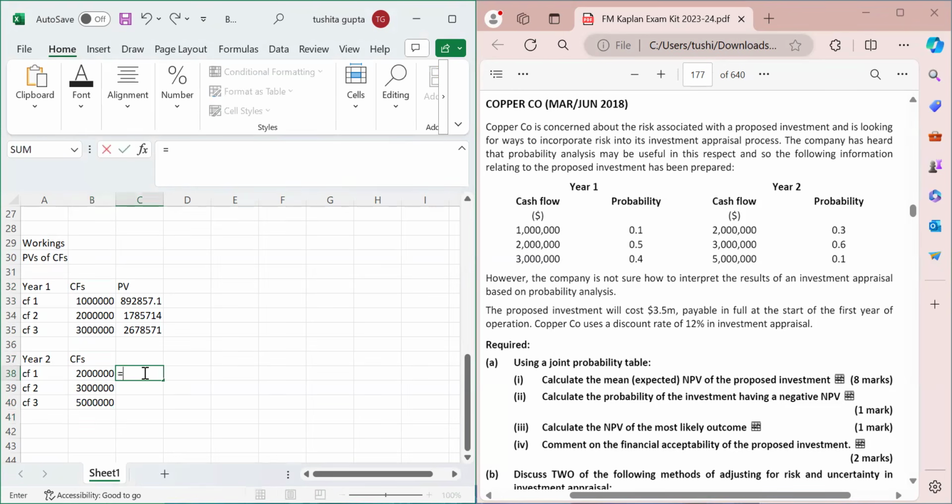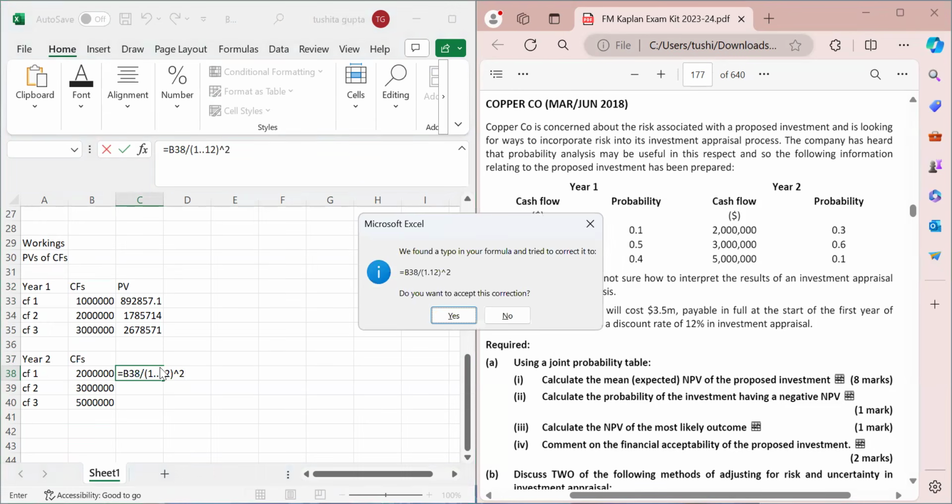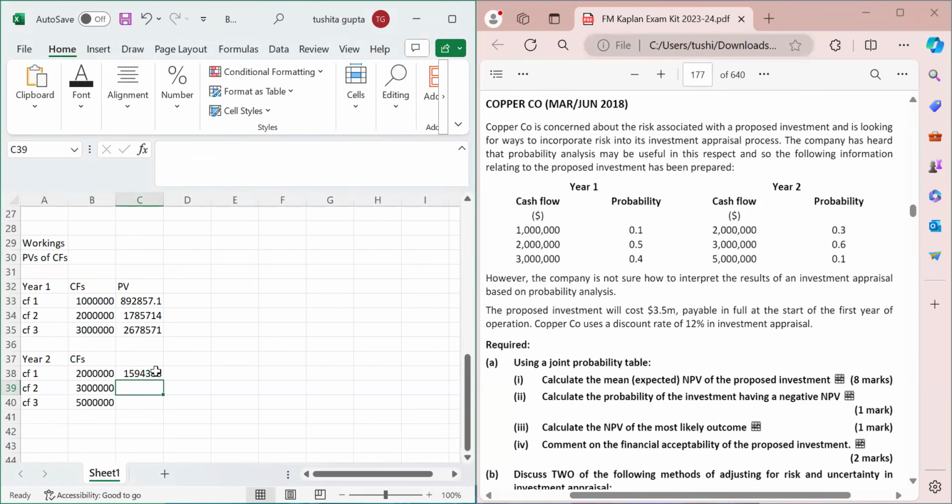So for the PV, again, I'll do a similar thing. I'll select this, divide this by 1.12, and raise it to the power of 2, because these are the cash flows which I get after 2 years. So this is what my present value will come out to be for the first year. Similarly, I can drag this down and obtain the values for the rest of the cash flows also. So these are the present values which I have worked out over here.